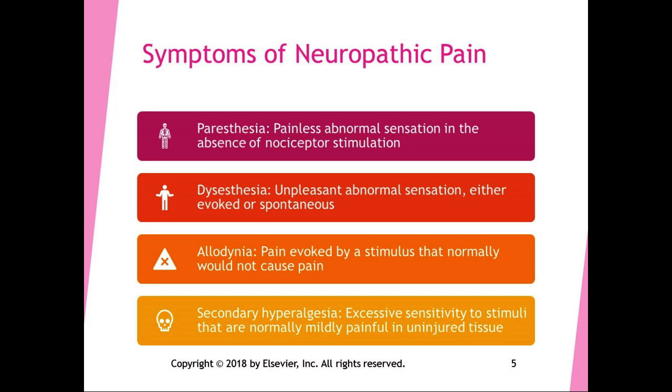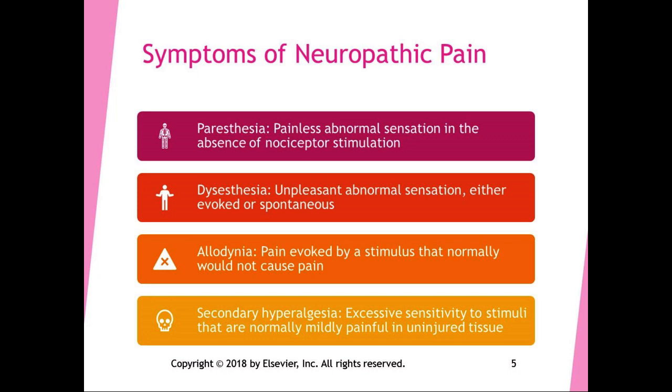So one of the tests for allodynia is you brush someone lightly with a little brush, and if that causes pain, that's allodynia. So it's a normally non-painful stimulus that causes pain. So sunburned skin makes light touch extremely painful, where at some point it can hurt to even have clothes touching your skin. So that is allodynia.